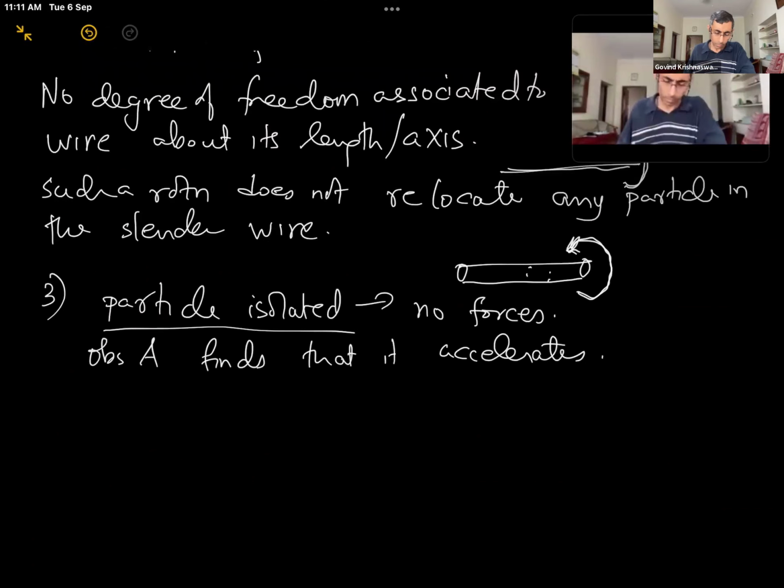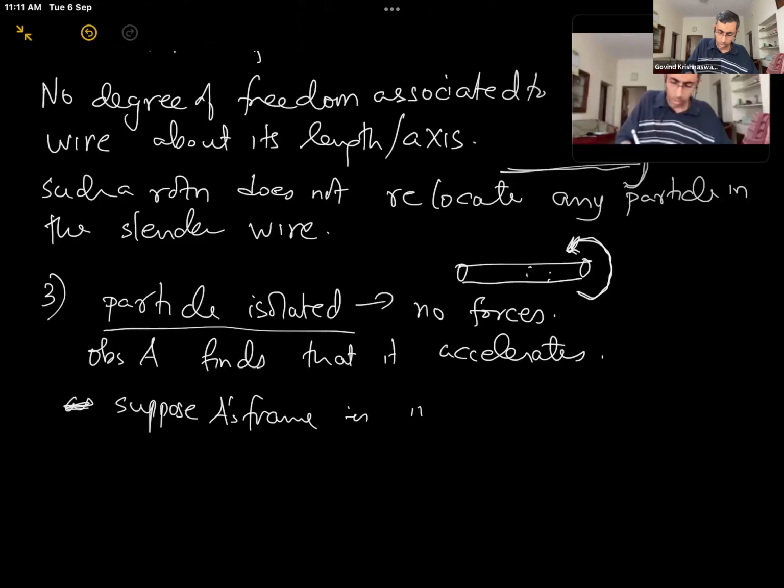Let us make the assumption, let us suppose A's frame is inertial, and deduce some consequence.